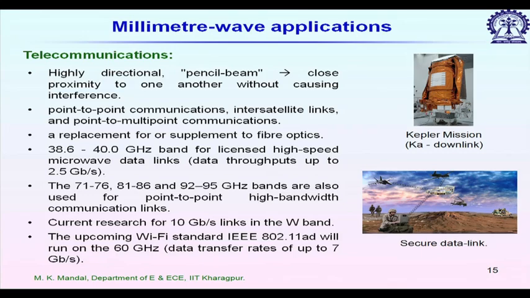For example, the 38.6 to 40 gigahertz band is already being used for high-speed microwave data links, as high as 25 Gbps. There are some more bands already in use for point-to-point and high-bandwidth communication links, like 71 to 76 gigahertz, 81 to 86 gigahertz, and 92 to 95 gigahertz.